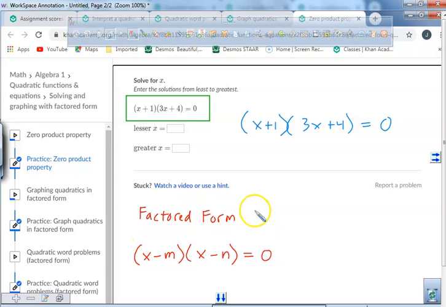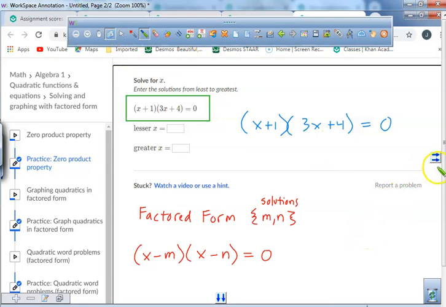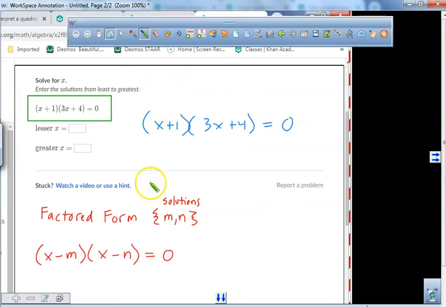Now, in factored form, just so you know, the solution set would be m comma n. Those would be the solutions. So this is what factored form looks like. So we have factored form right here. I'm going to highlight them in two different colors. Let's go blue and let's go green. Blue and green.